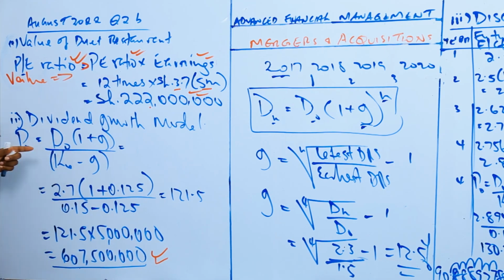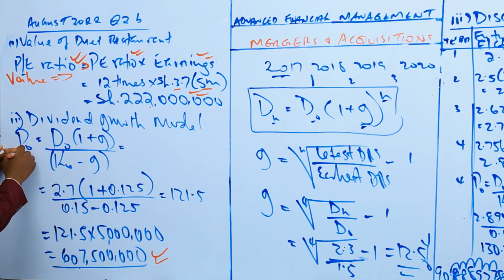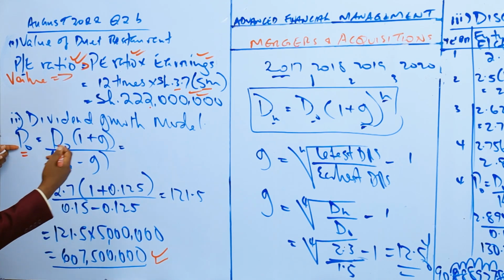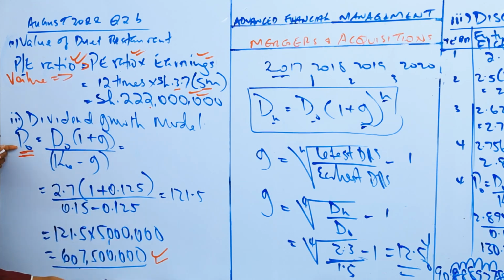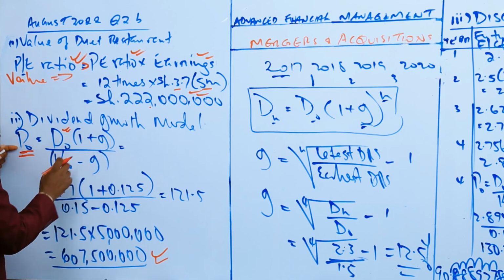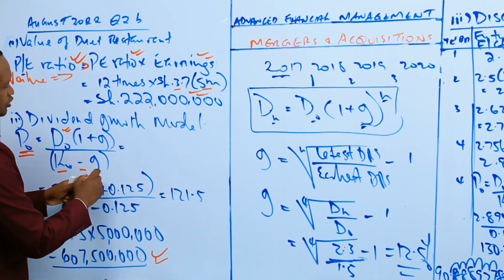For the dividend growth model, here is the formula. P naught is the market value of the share. The general formula is you take the current dividend per share, you grow it, then you divide by the cost of equity minus G. In this question, the growth rate was not provided.